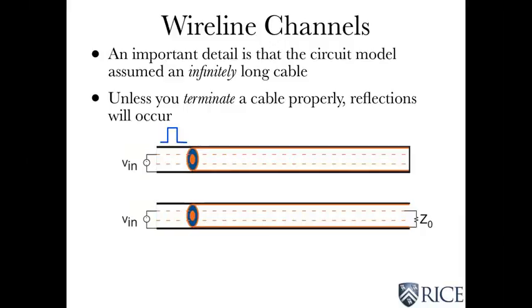So it is very important to terminate the cable correctly. You'll find this in all well-designed systems: you make sure that both the load and a termination resistor of value equal to Z0 are used. If not, you're going to get reflections and it's not going to work very well at all.